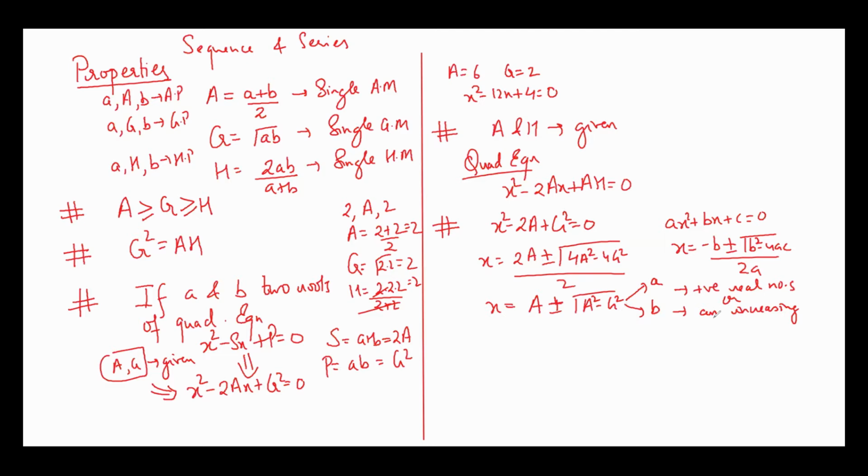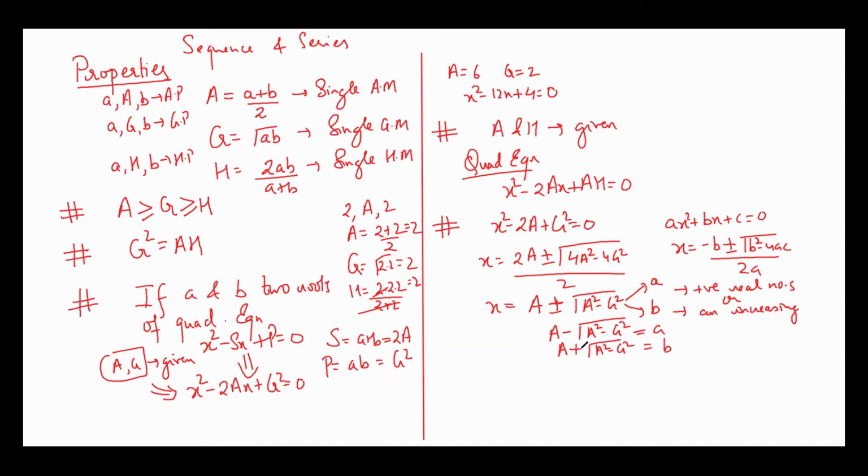In that case, a comes before b, as we have written here, that capital A is inserted between a and b, and a comes before b. That means a is smaller than b if the sequence is in increasing order. Therefore, the root which we solved using the minus sign will be a, and the one I solved by putting the plus sign will be b. So you have to be careful about that. If the sequence is of positive real numbers, or an increasing sequence, in that case a is smaller than b.